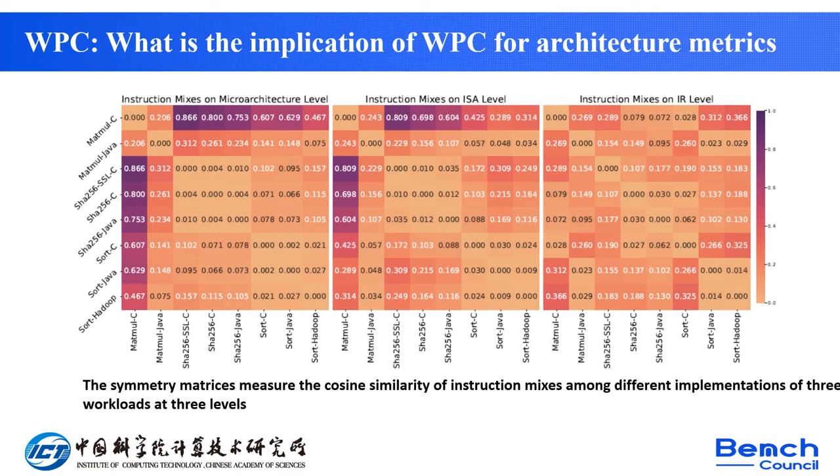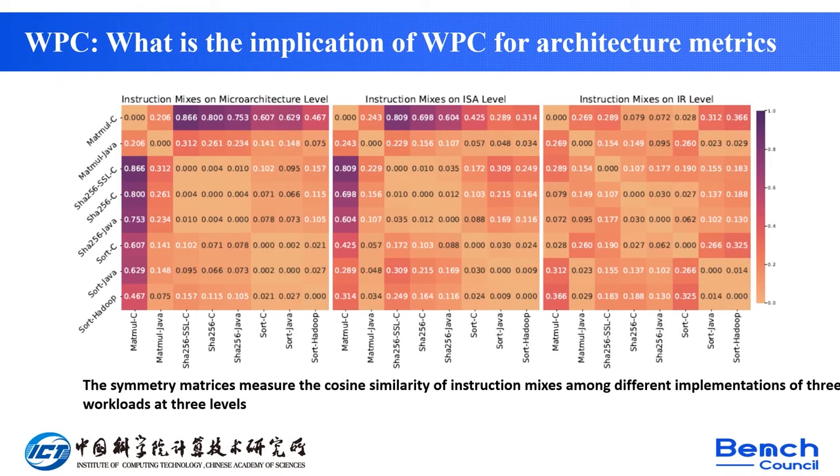For example, there are two C implementations of SHA-256, SHA-256 SSL C and SHA-256 C. SHA-256 SSL C calls an OpenSSL dynamic link library, whereas SHA-256 C directly implements SHA in the source code.